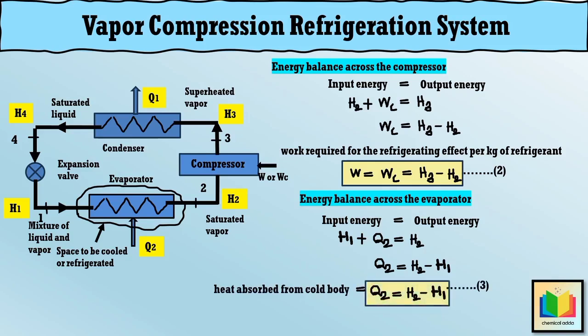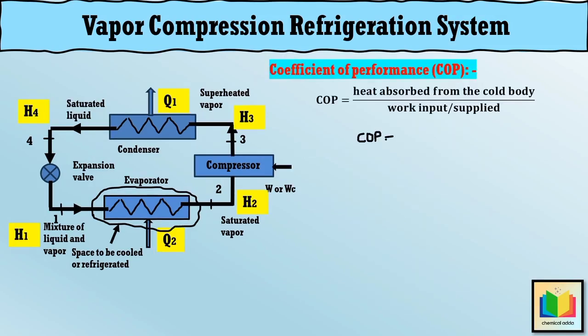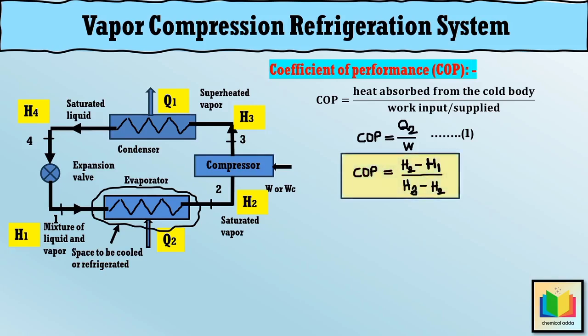Now, let's put the value of W and Q2 in the COP equation. So as we know, COP is equal to Q2 divided by W. Hence, after putting the value of Q2 and W from equations 2 and 3, we get COP is equal to H2 minus H1 divided by H3 minus H2.